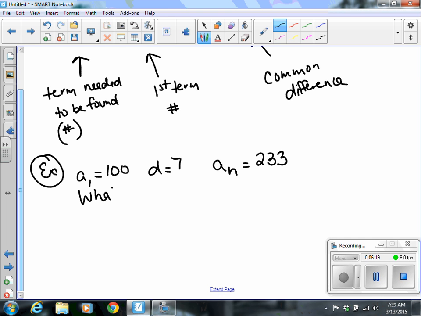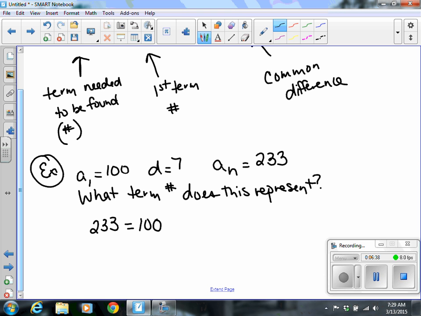I want to figure out what term number this is. So all you need to do is plug it right into that formula. So I've got 233 equals 100 plus (n minus 1) times 7.